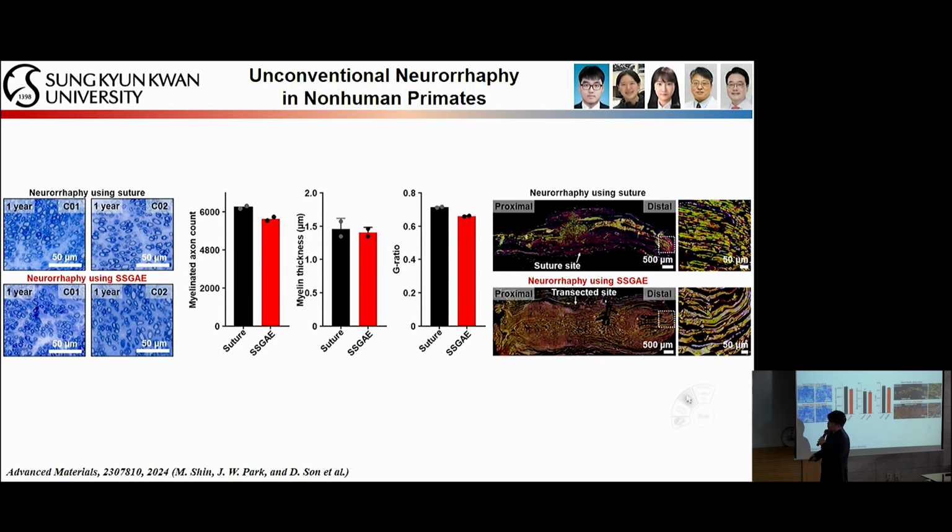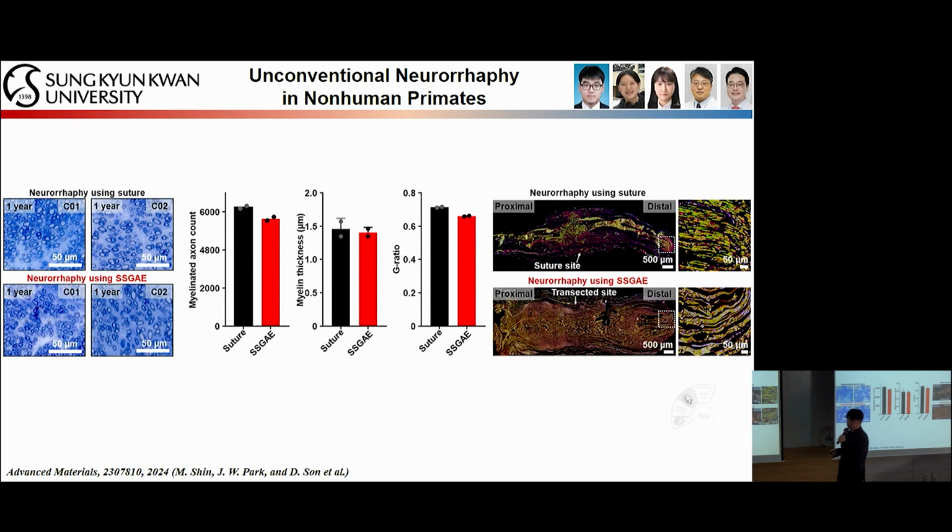And in terms of the histological analysis, there is no significant difference in the histological indicators, including, like I said, the number of myelinated axons, myelin thickness, and G ratio.